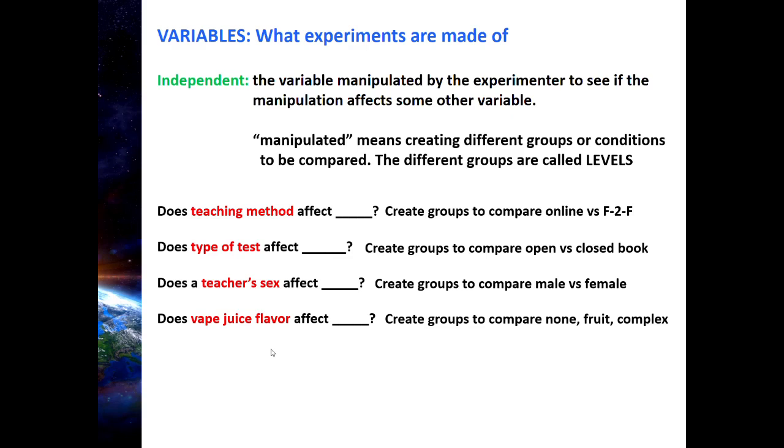And then you have to say, okay, so what was my independent variable? It's going to be a more general name, rather than the specific names given to the different levels. And remember, the independent variable is the one that you think, or the experimenter thinks, is going to have an effect on something else. So it's the variable that you think is going to cause something else to change.